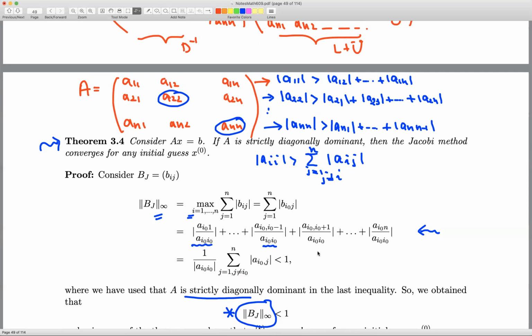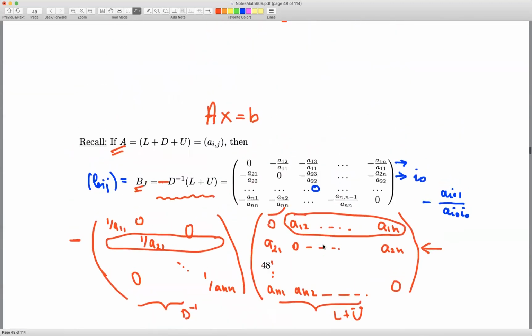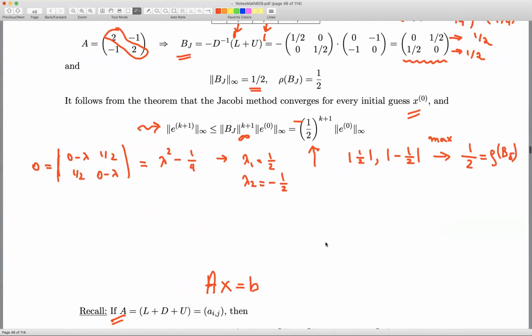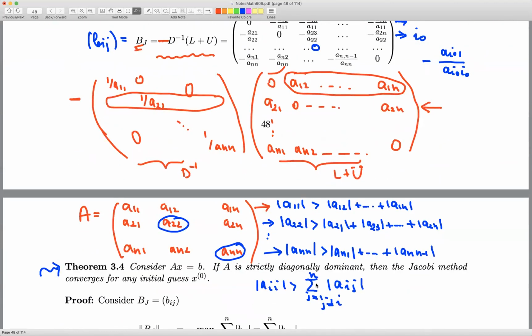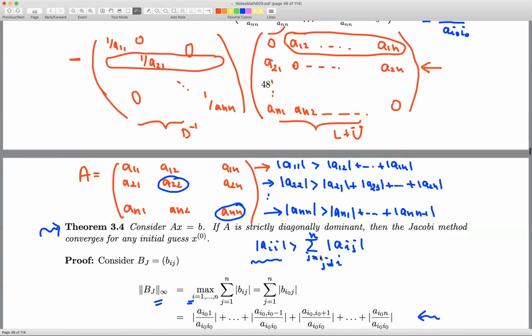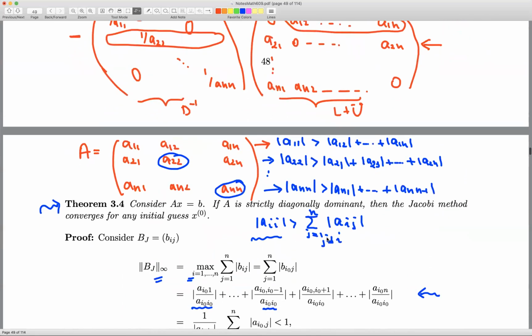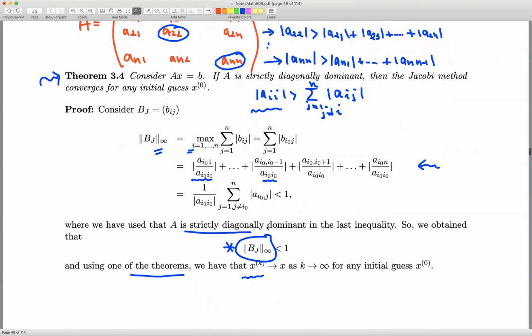And according to the definition of a strictly diagonally dominant matrix, the absolute value of the element on the main diagonal is always bigger than the sum of the absolute values of the elements on that row that are away from the main diagonal. And this is exactly what is written here. So we have that this is less than 1 because the matrix is strictly diagonally dominant.